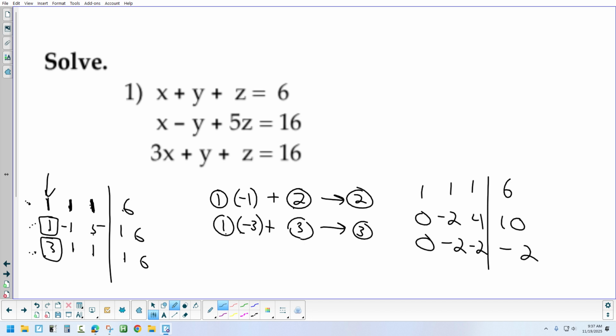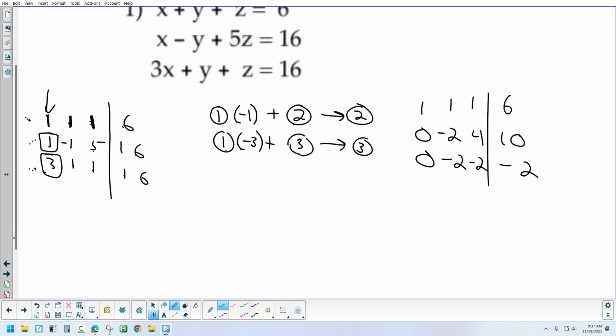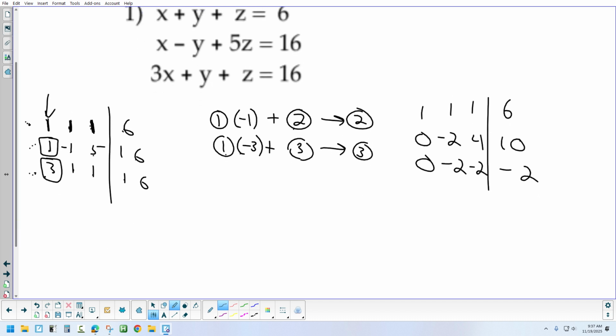Okay. So first column is good, 1, 0, 0. What do we have to do next? Get a 1 in the middle. And the way you do that is you always multiply the middle row by a number. Is there anything I could multiply row 2 by to get a 1 in the middle? -1/2. Yep.